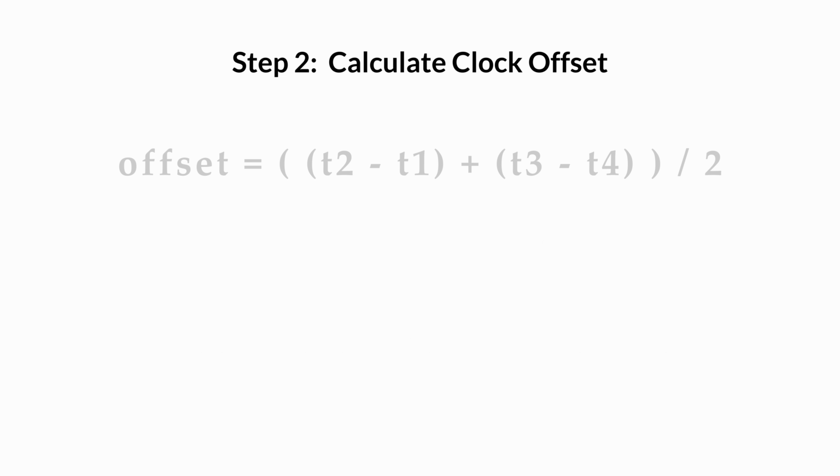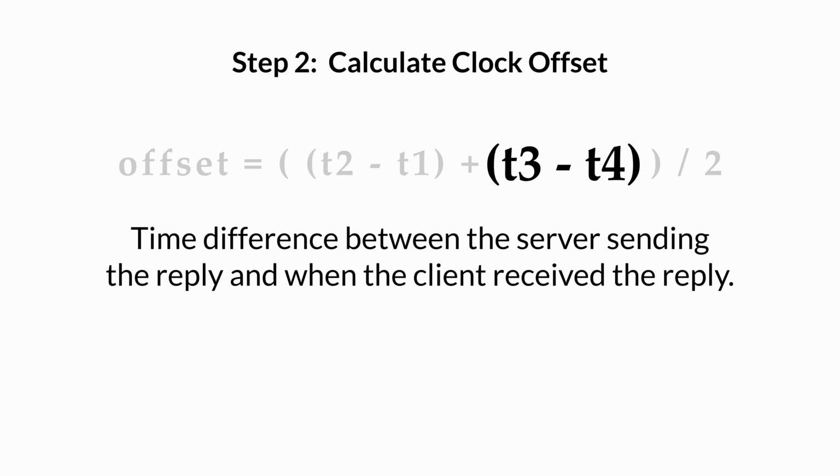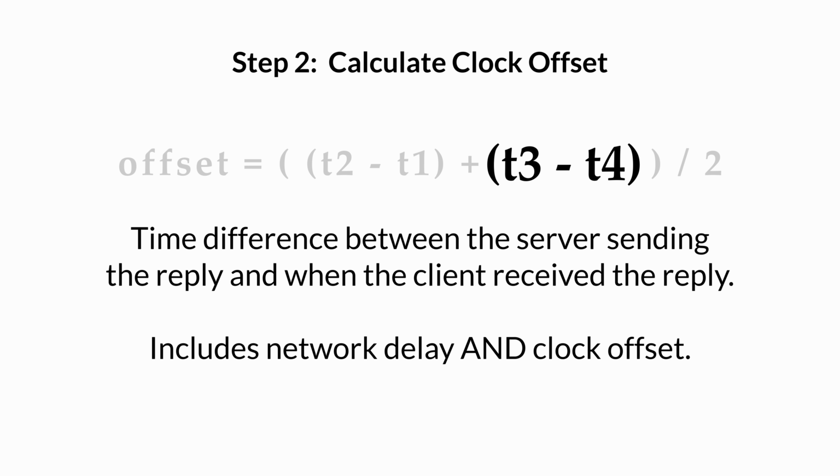Looking at the second grouping now, T3 minus T4, this is the time difference between when the server sent its reply and when the client received it. Again, this value includes both the network delay and the clock offset. However, because we are looking at the return packet travelling in the other direction, the network delay part of this value is inverted.